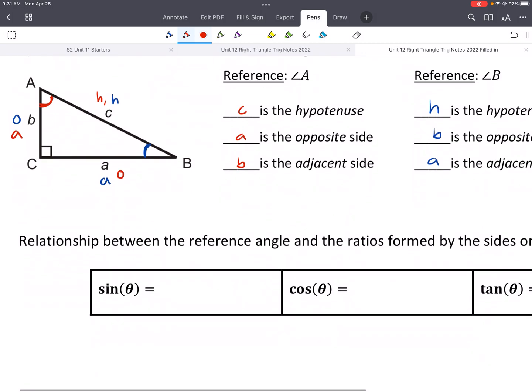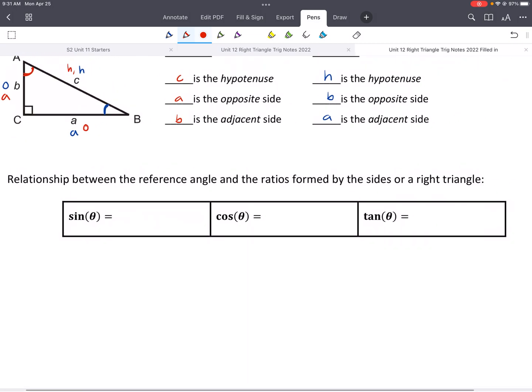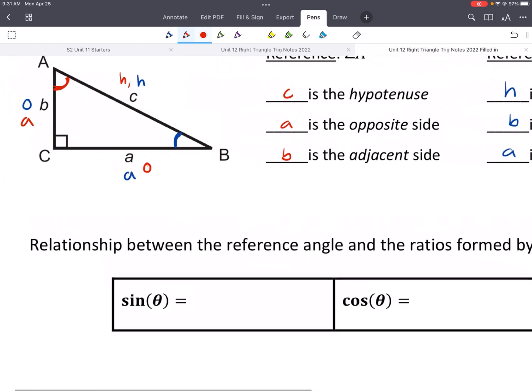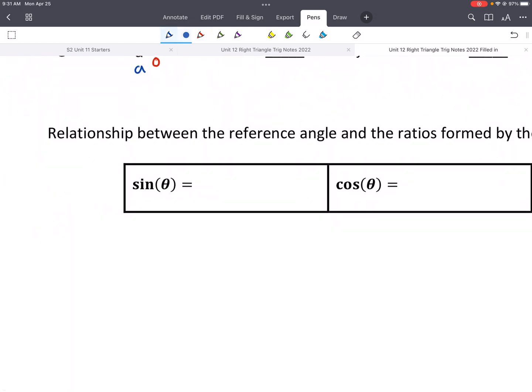All right, so this is the big picture of trigonometry: there's a relationship between the reference angle and the ratios of two sides of the triangle. If you knew the opposite and the hypotenuse, we should be able to figure out what that angle is.